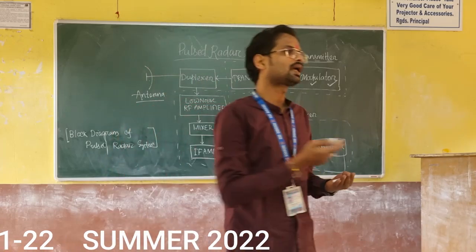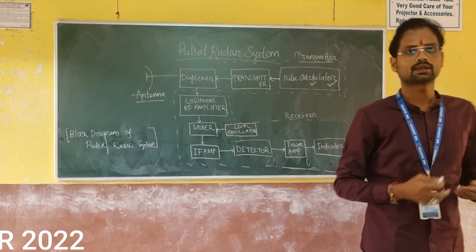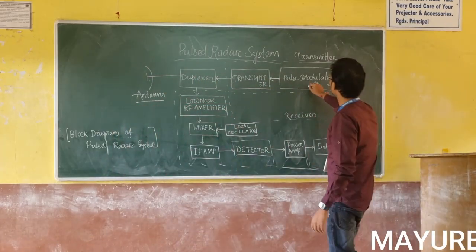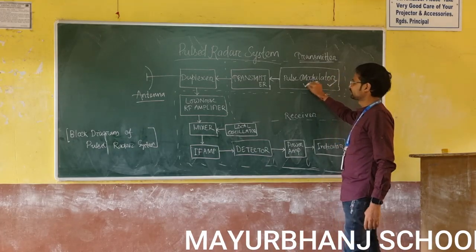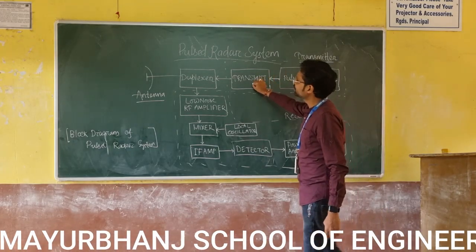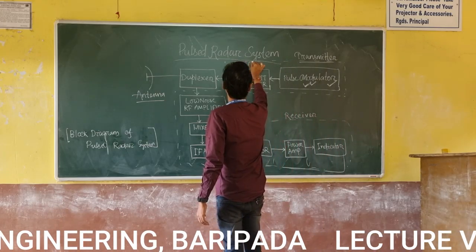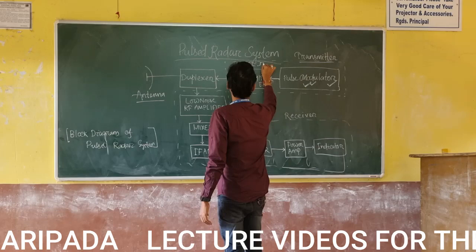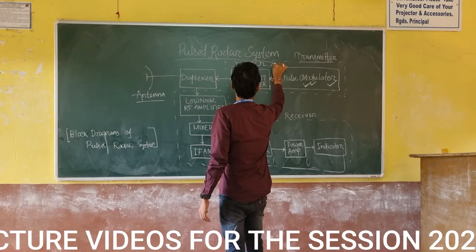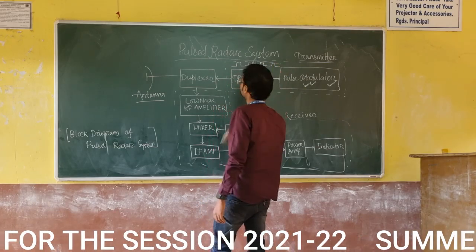One is your amplifier, modulator. Modulation is done in the pulse modulator. Then after that, the transmitter creates the pulse train. Okay, the pulse train is created by the transmitter and it is also an amplifier.